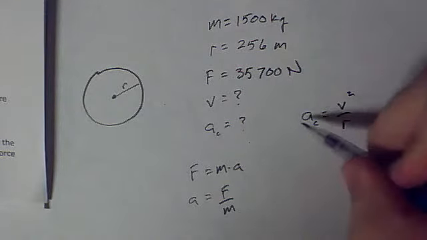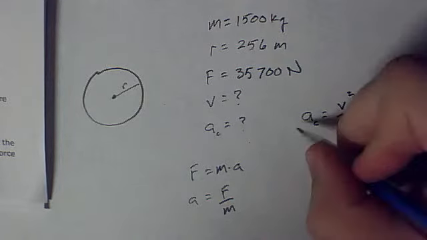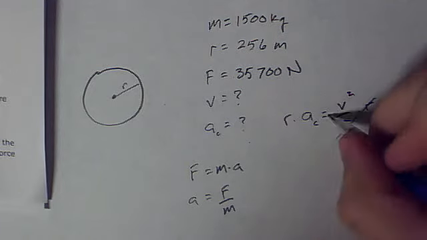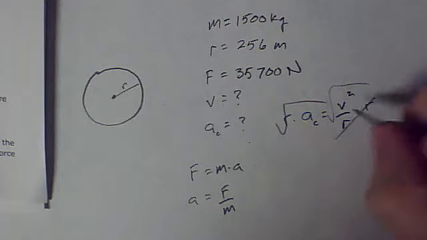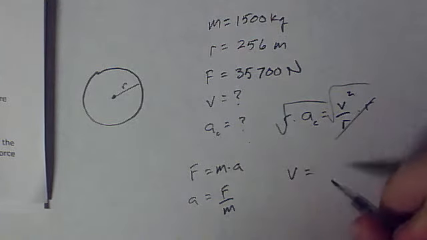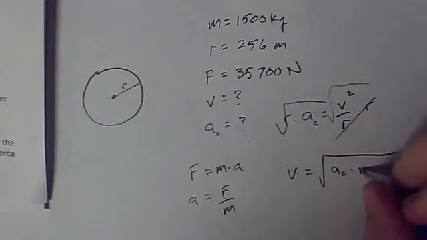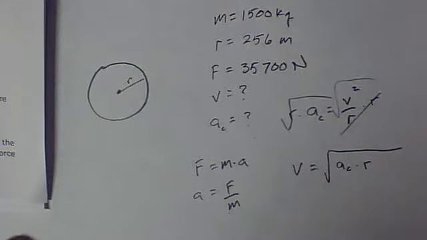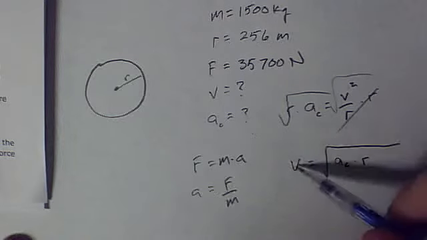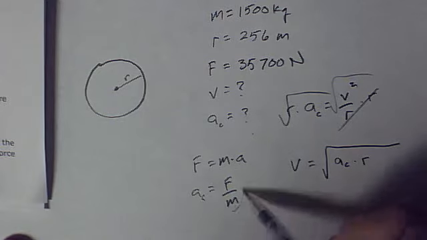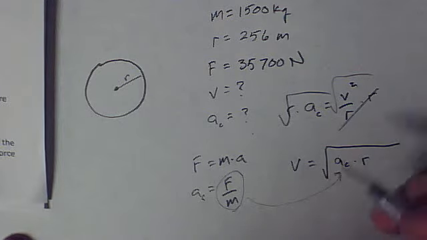So I multiply both sides by r, so they cancel out, and then I have to take the square root of that to get my v. So v equals the square root of my centripetal acceleration times my radius. Now, since v is what I'm looking for, and a_c is this right here, I'm simply going to plug this in to that equation.